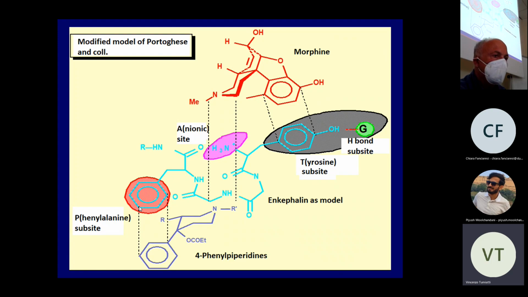So the scientists said, the anionic site is common to all compounds, but morphine derivatives put their phenolic group with the area reserved to tyrosine of the enkephalin, while the 4-phenylpiperidine put their aromatic ring in the same area of phenylalanine.